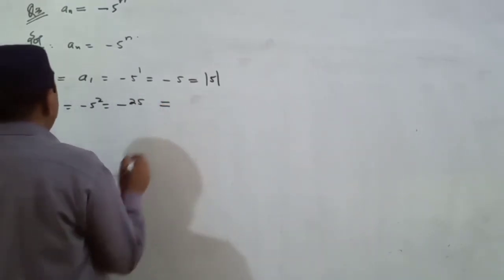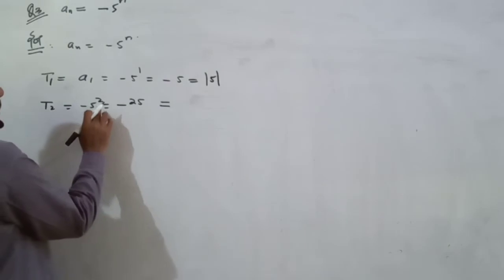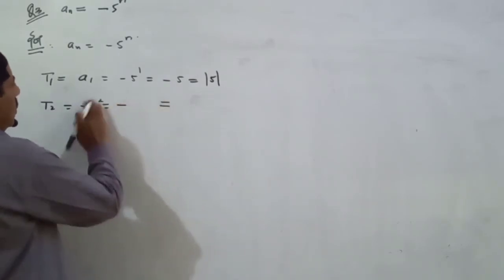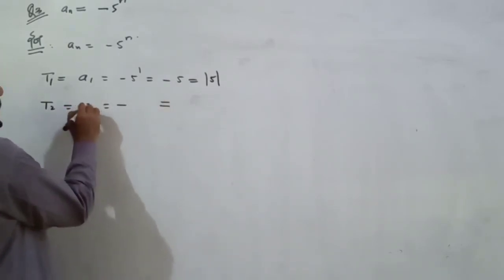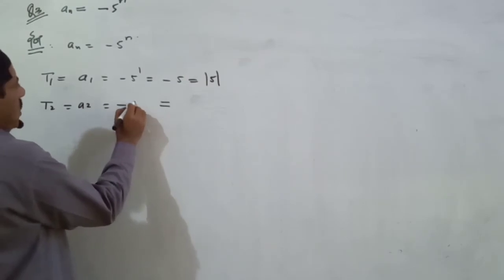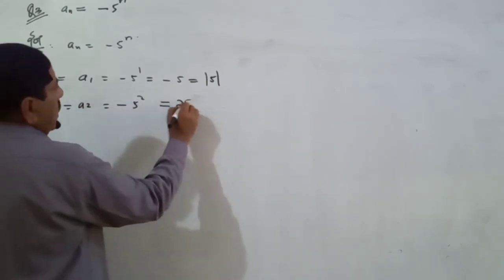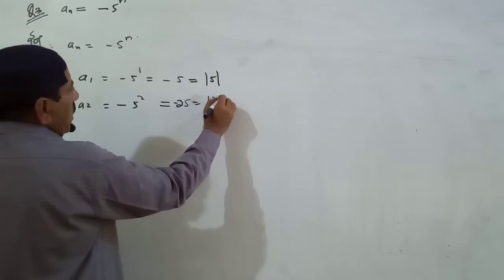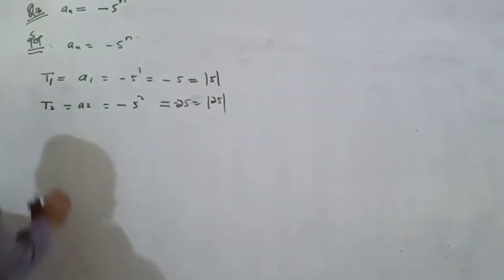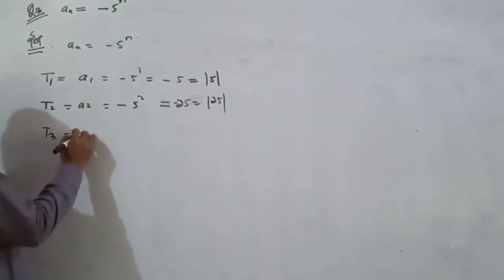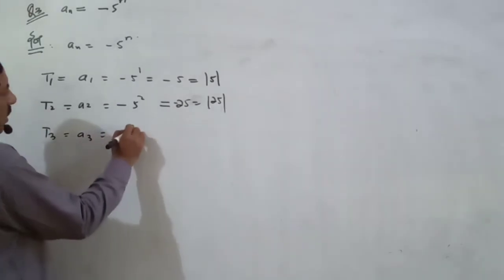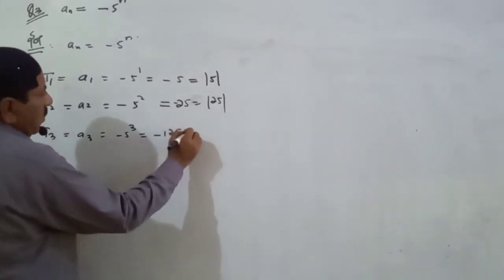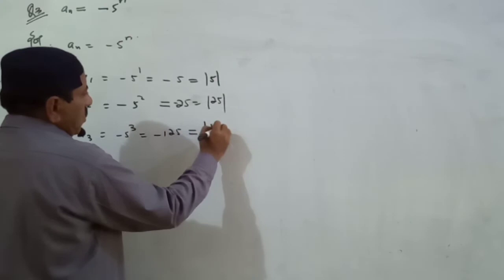Also you can write T2 is equal to a2, minus 5 power 2, which is 25, mod of 25. Term 3 is a3 is equal to minus 5 power 3 is equal to minus 125, mod of 125.